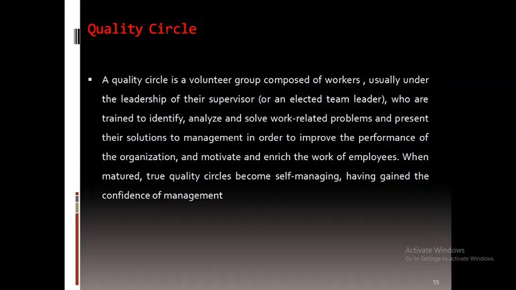Now, what are the objectives of quality circle? The objectives are to improve the quality of the product, to improve the productivity of the product, and to promote consciousness among workers about quality, safety and cost of production.